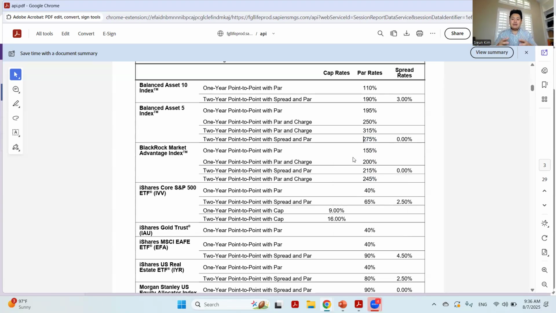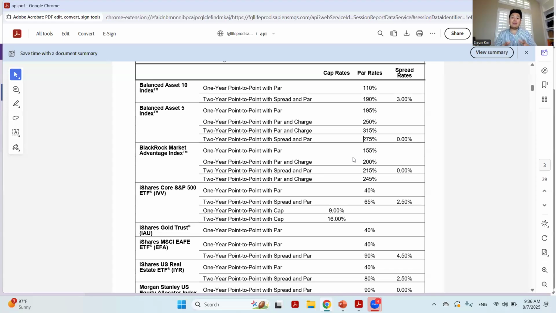So that means if you were to get the 2 year point to point, you're going to have a 275% multiplier. So if it did 10% in 2 years, collectively return for the balanced asset 5 index, you will get a 27.5% return for those 2 years.